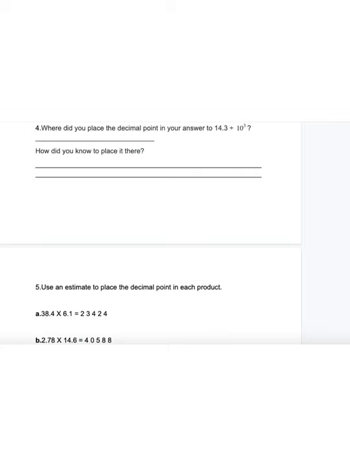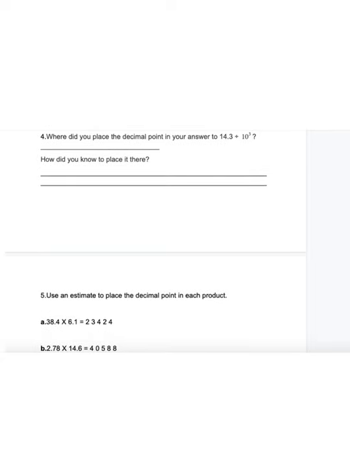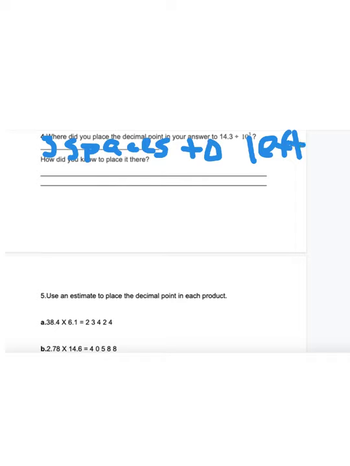Number 4 says, where did you place the decimal point in your answer to 14.3 divided by 10 to the third? Well, you place the decimal 3 spaces to the left from where it started. And it says, how did you know to place it there?